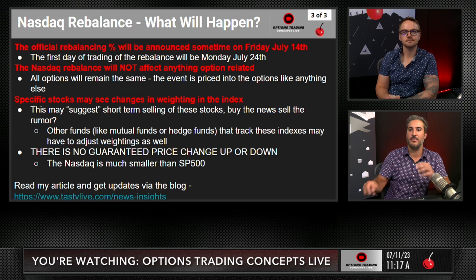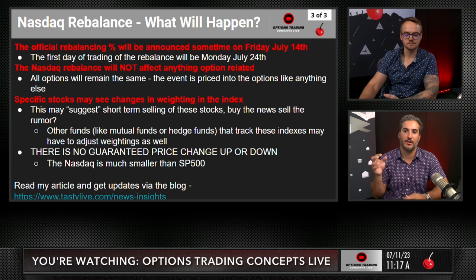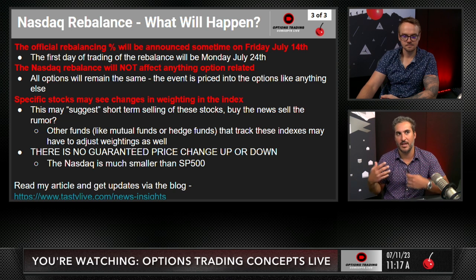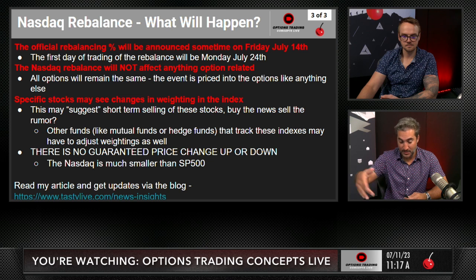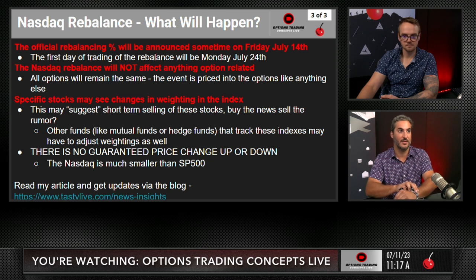Through that week is when they'll rebalance. It's not done right at the market open or anything like that. They rebalance throughout the days leading up to the 24th, which is when it'll all be officially done and everything will be settled and rebalanced and done with.